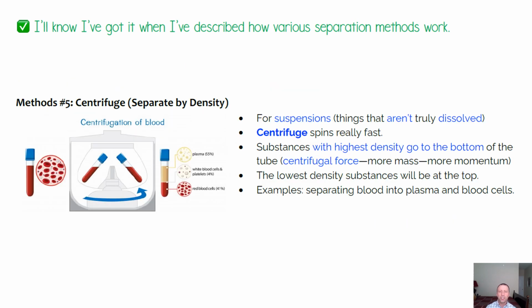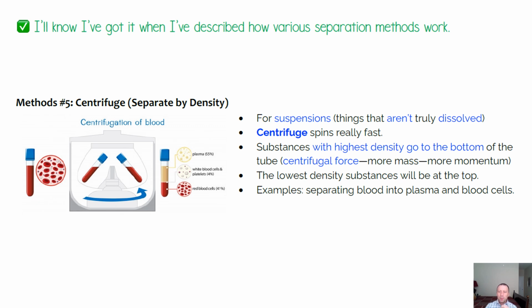A centrifuge is a really cool device, and this is again for things that aren't truly dissolved but suspensions, like things that you think are liquid, like milk or blood or things like that. They look like liquid, but they actually have a lot of things just floating around in them that aren't truly dissolved. So a centrifuge puts liquid in tubes, and then it spins around and around really fast.